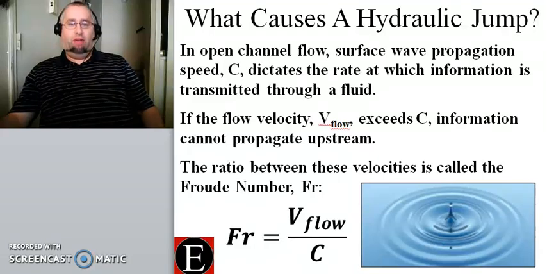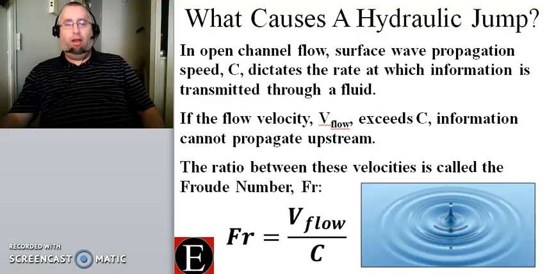And so it turns out that these two velocities can be combined into a ratio, the ratio of the flow velocity to the rate of surface wave propagation, and that ratio turns out to be so important in fluid mechanics that it's actually been given a name. It's called the Froude number. Froude was an early fluid mechanics researcher, and the Froude number again is this ratio between the rate at which the fluid is actually moving and the rate at which surface waves propagate in the fluid.